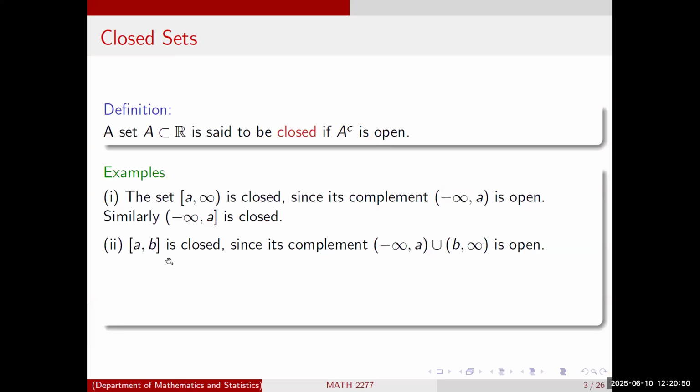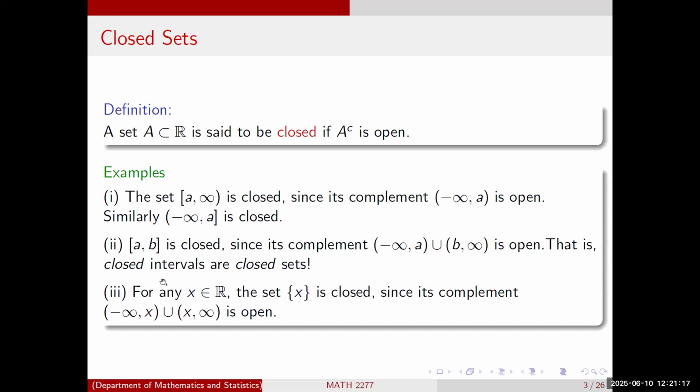So the closed interval AB is closed since its complement is open. Okay, so we're getting our catalog of closed sets. I put here that closed intervals are closed sets, open intervals are open sets.